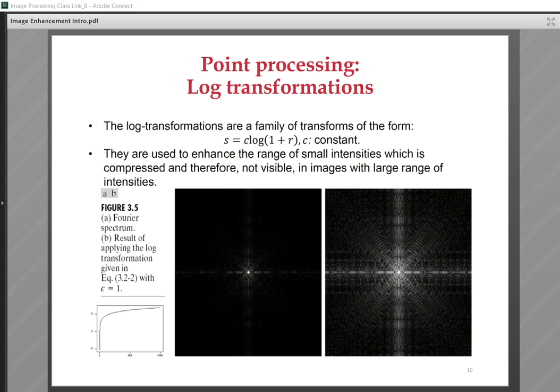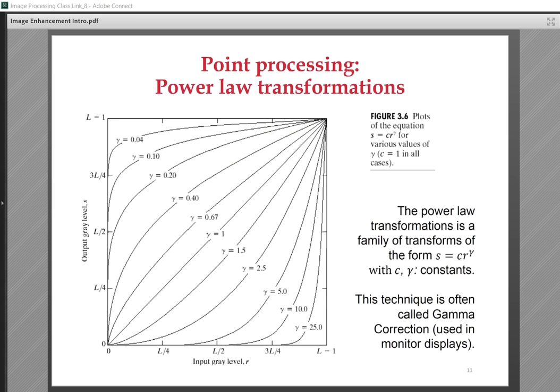This is the original image, not a lot of information in it, and this is the resultant image. We see more information. Here is the Fourier spectrum. We had this Fourier spectrum in the last sessions, in the DFT section in part 1.